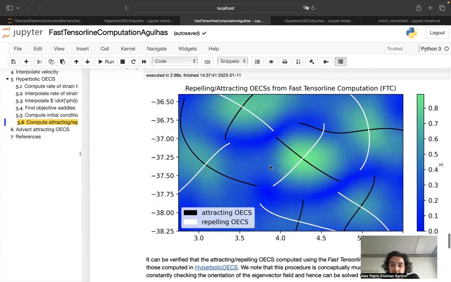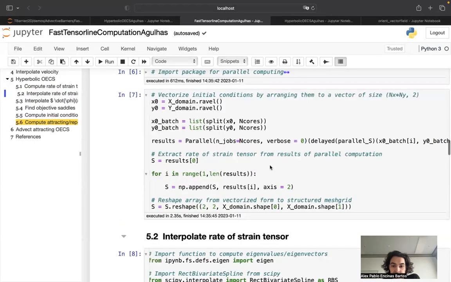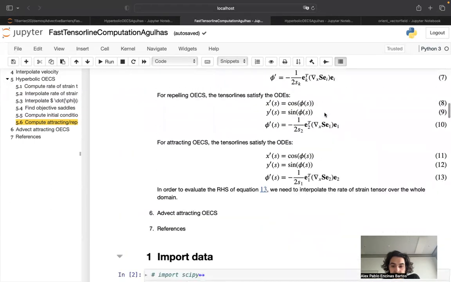Now, of course, the dimensionality of the integration is increased a bit because this ODE has this additional dimension of the angle.